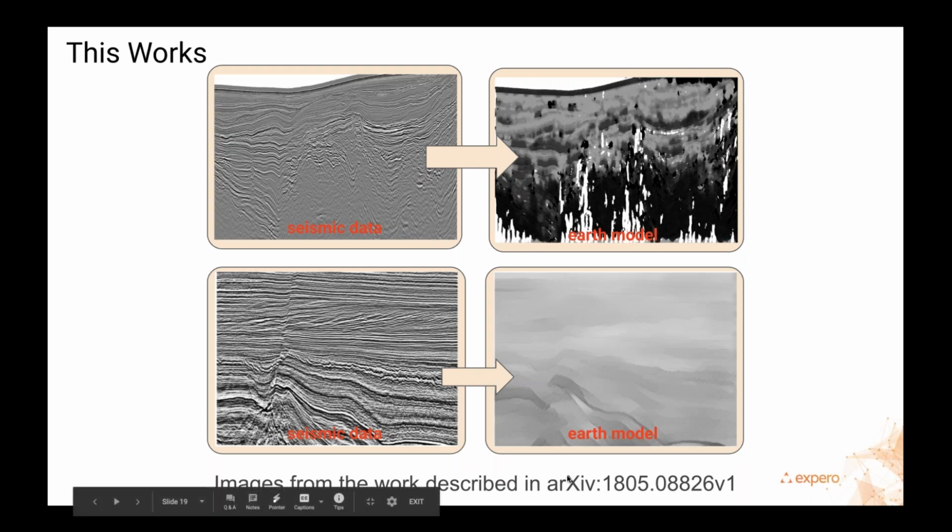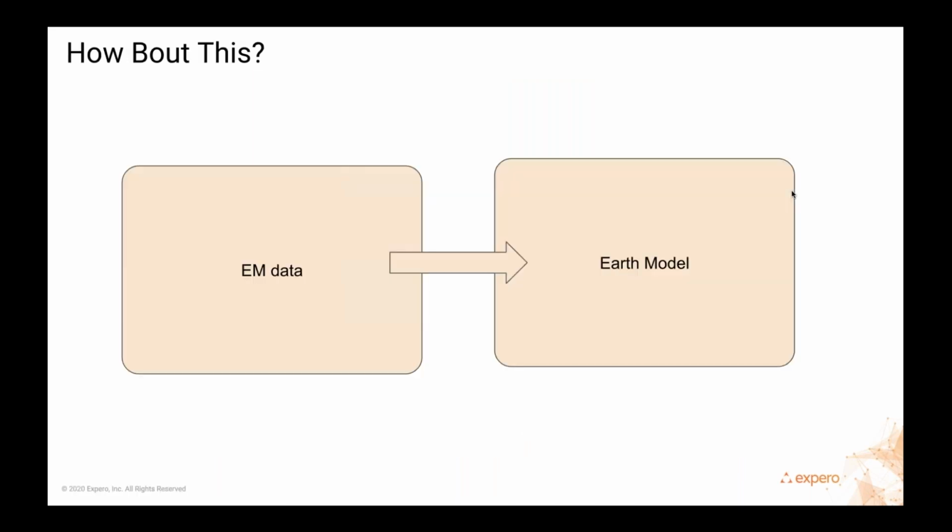Check out our paper on arXiv. I helped out with this project, and it is described in great detail there if you're interested in this stuff. In that work, we used a generative adversarial network to come up with these Earth models. You can go look at that work later on.